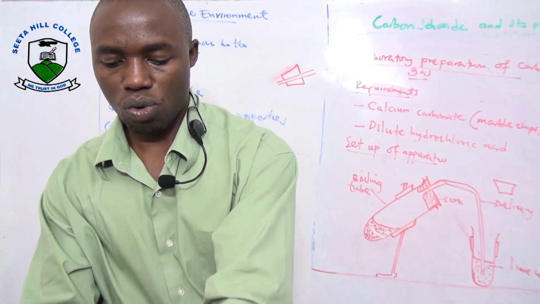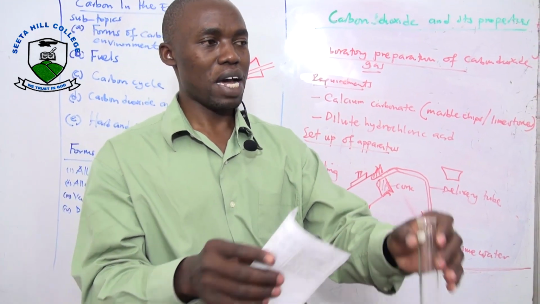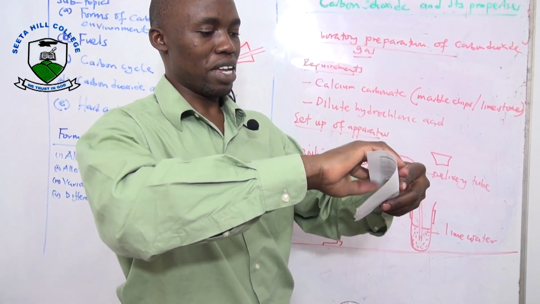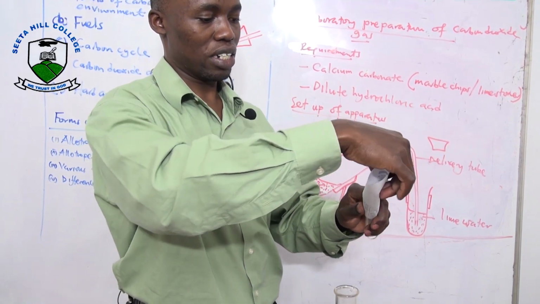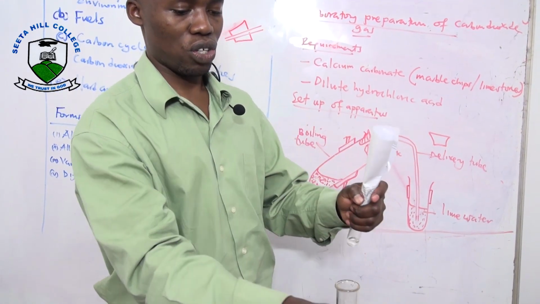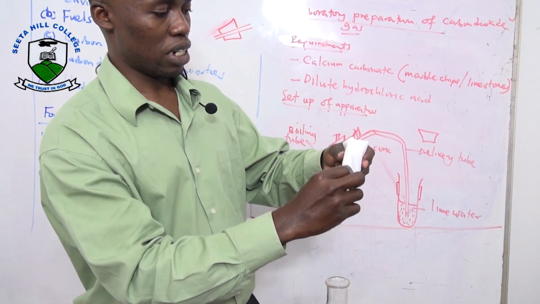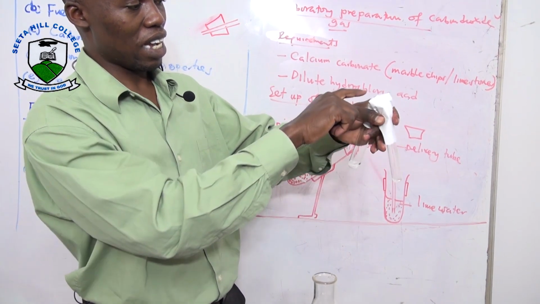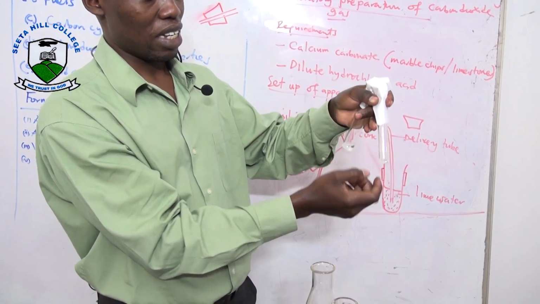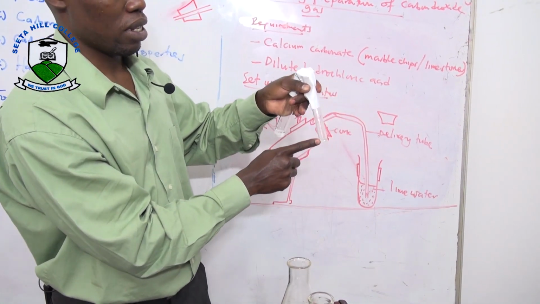Now to allow the gas to slowly enter there, we can improvise with a paper. We close a paper on this section and also get our lime water section and close the two. Then as the gas leaves here, it enters here, and this will turn milky.